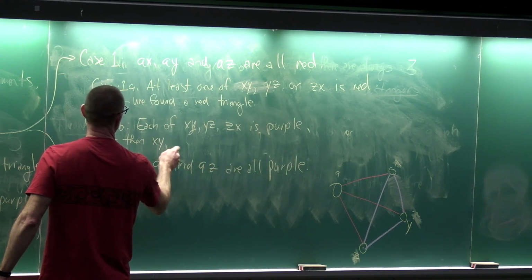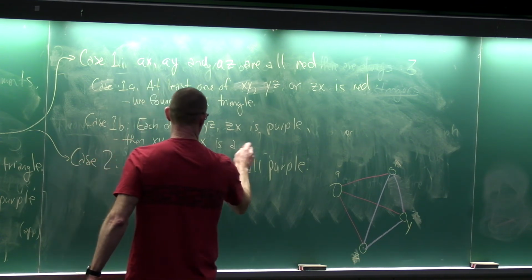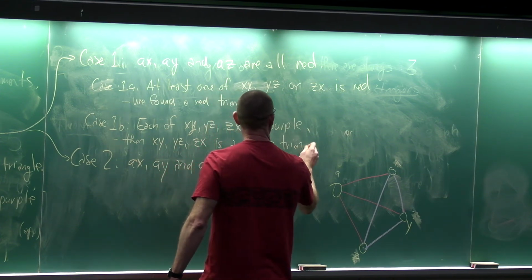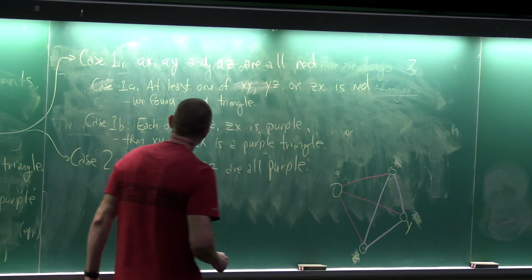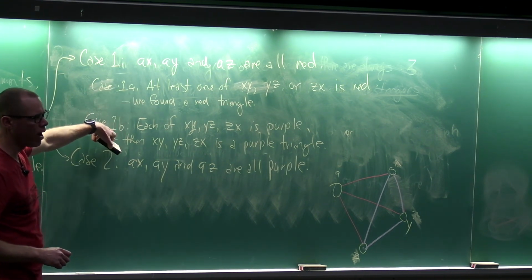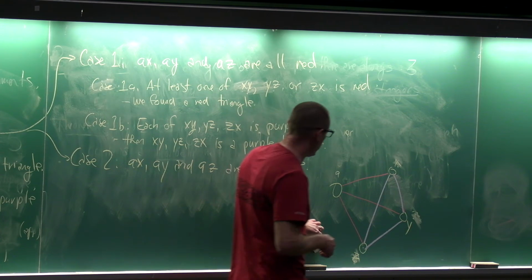Then XY, YZ, ZX is a purple triangle. Okay. And in either of those 2 cases, we found a monochromatic triangle. And if you want to really complete the proof, now you have to move on to case 2, where the 3 edges coming out of A were purple.